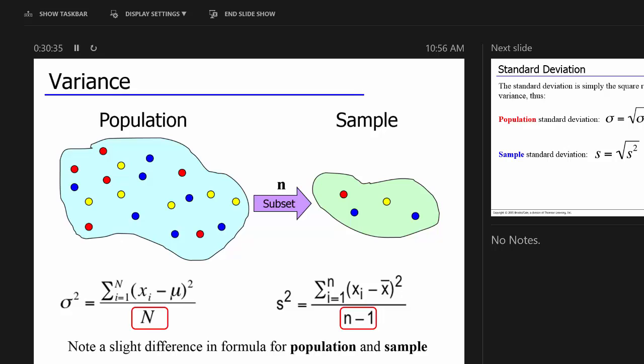If you divide by n minus 1, you get an unbiased estimate of the standard deviation. Unbiased means that it's not over-predicting standard deviation, it's not under-predicting. It's pretty much staying right on target. Okay? But that's not important. We're not going to use that formula anyhow. I'm not going to ask you to compute variances or anything like that manually.